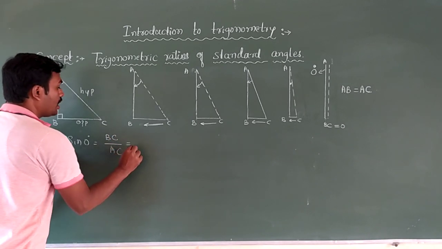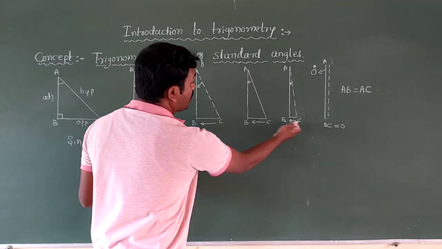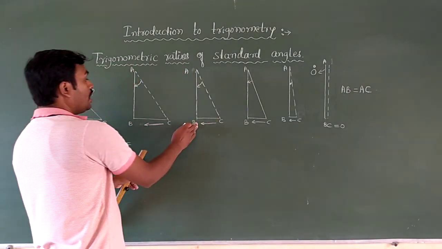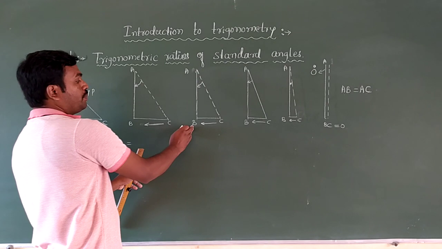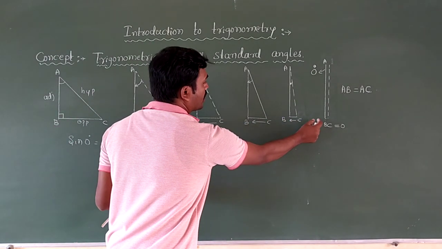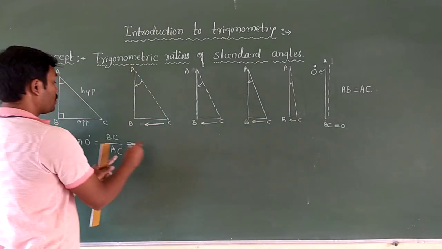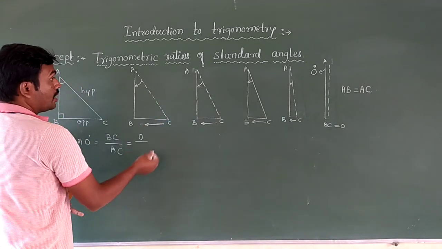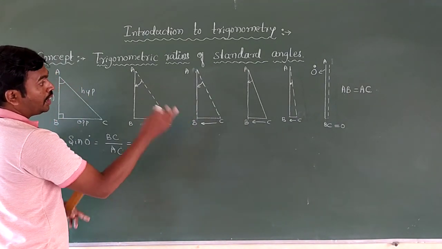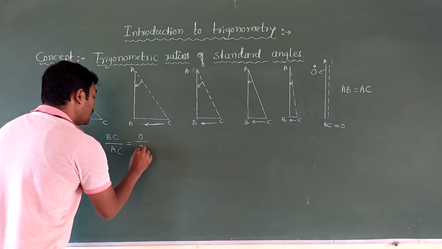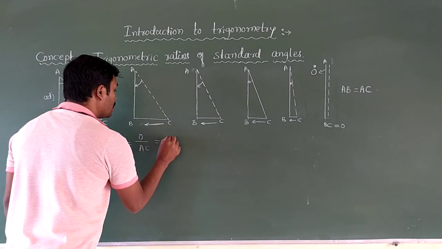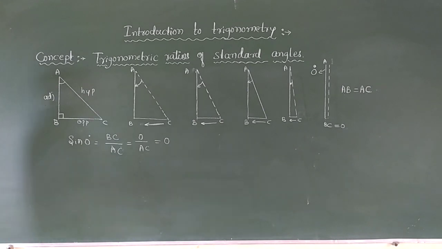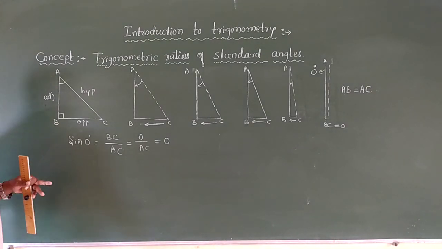BC comes closer and closer, C coincides with B, so BC becomes less and less and comes closer to 0. So BC becomes 0, and 0 divided by AC, where AC is equal to AB, is 0, children. So sine 0 degree is 0.